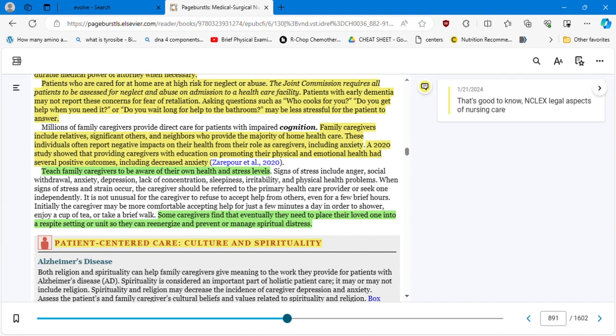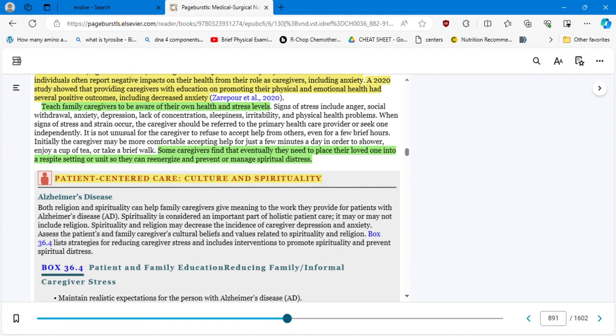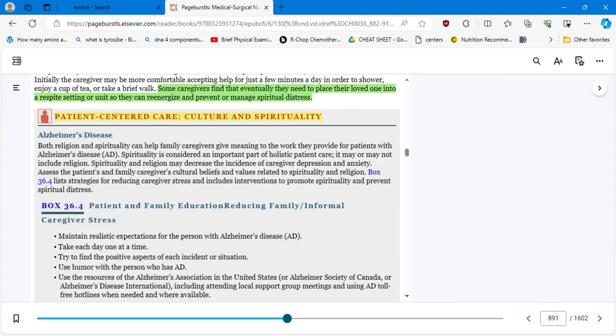However, a 2020 study showed that providing caregivers with education and promoting their physical and emotional health had several positive outcomes, including decreased anxiety. We need to teach family caregivers to be aware of their own health and stress levels. Some caregivers find that eventually they need to place their loved ones into a respite setting or unit so they can re-energize and prevent or manage spiritual distress.